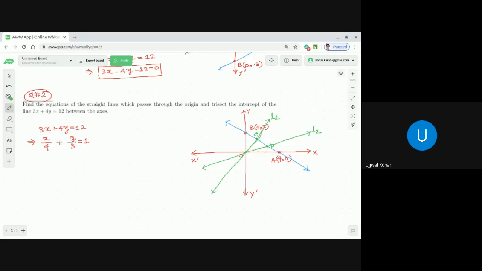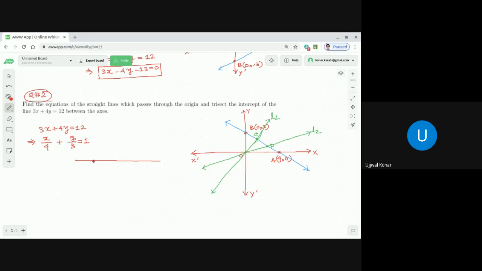To find the coordinates of the points C and D, we need to get back to our concept of the internal section formula. So always make the representation of the problem clear.